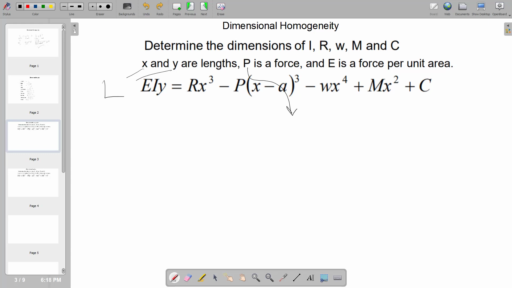We know for any force the dimension is MLT or ML per T squared. And then we are told E is a force per unit area, so we expect that the dimension of E is MLT, our force, dividing an area L squared. So L dividing L squared, we're going to have an L to the power negative 1 here.